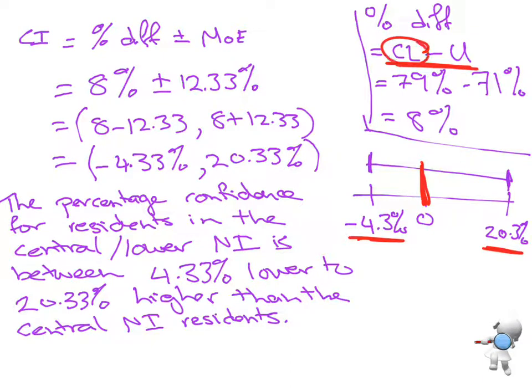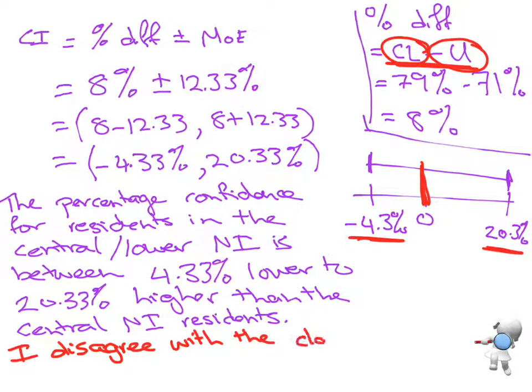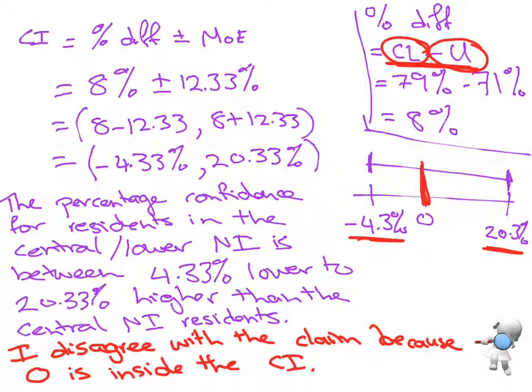It means that these two numbers could be the same in the population. So therefore I disagree with the claim because 0 is inside the confidence interval. There we are.